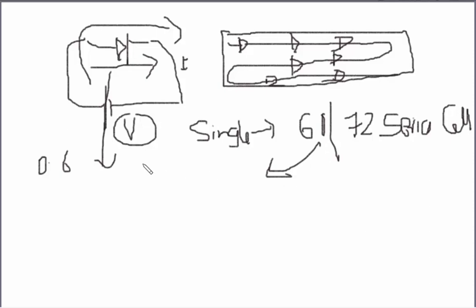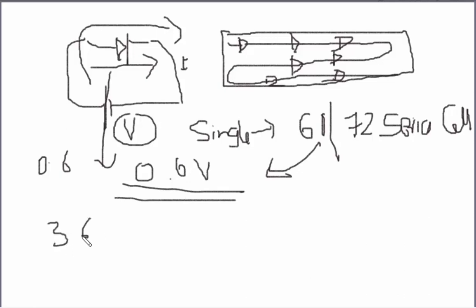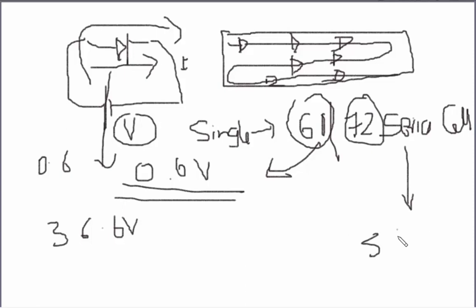Each cell has voltage 0.6 volt, so ideally it is giving 36 volt for 60 cells. For a greater one like the 72 model, it is giving more than 36 volt. So in order to form a module, we require a series connection of diodes or solar cells.